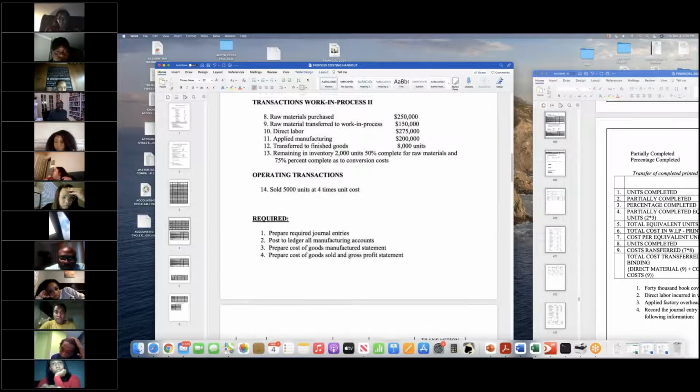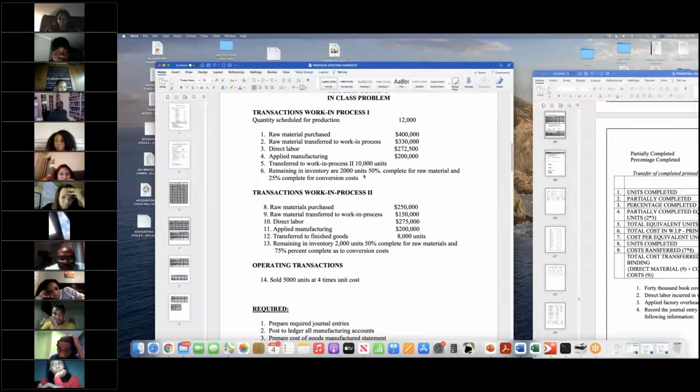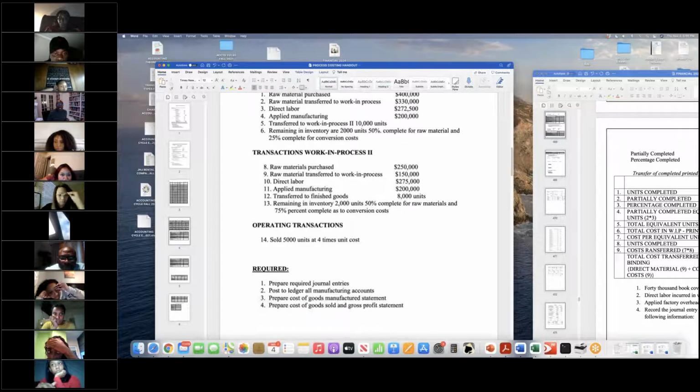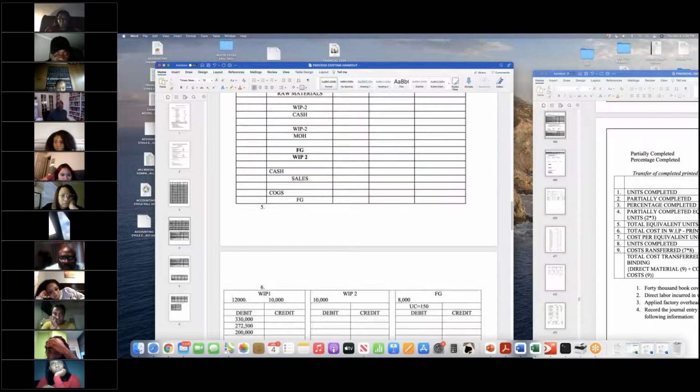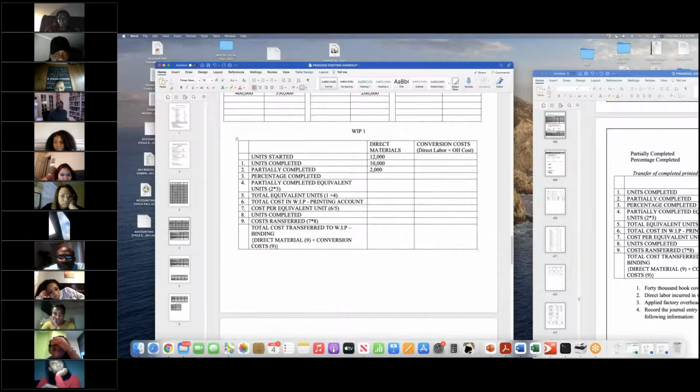And what's our percentage? It says they're 50% complete for raw materials. So we're going to put that 50% here, and we're going to multiply 50% times 2,000, and we're going to get 1,000.